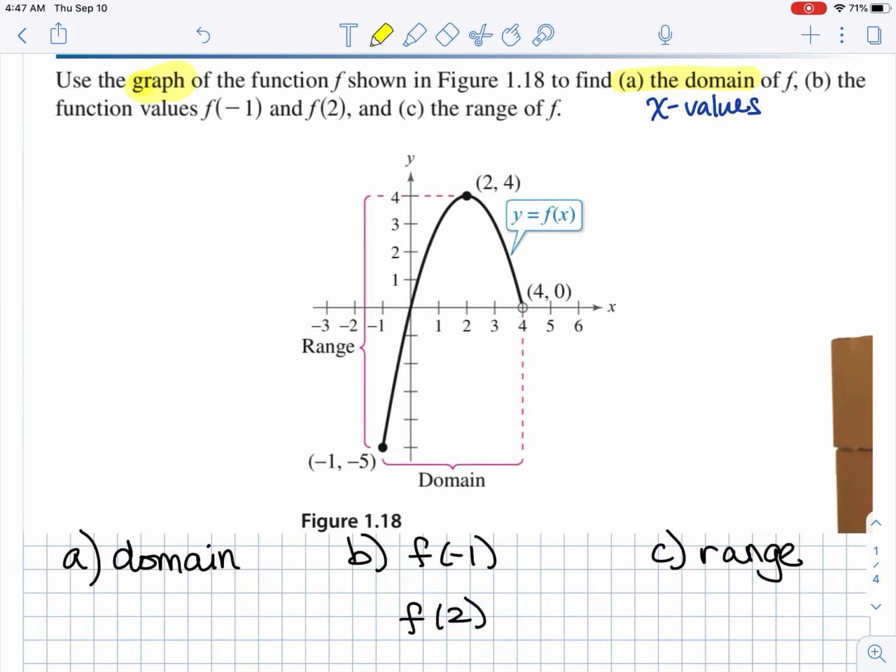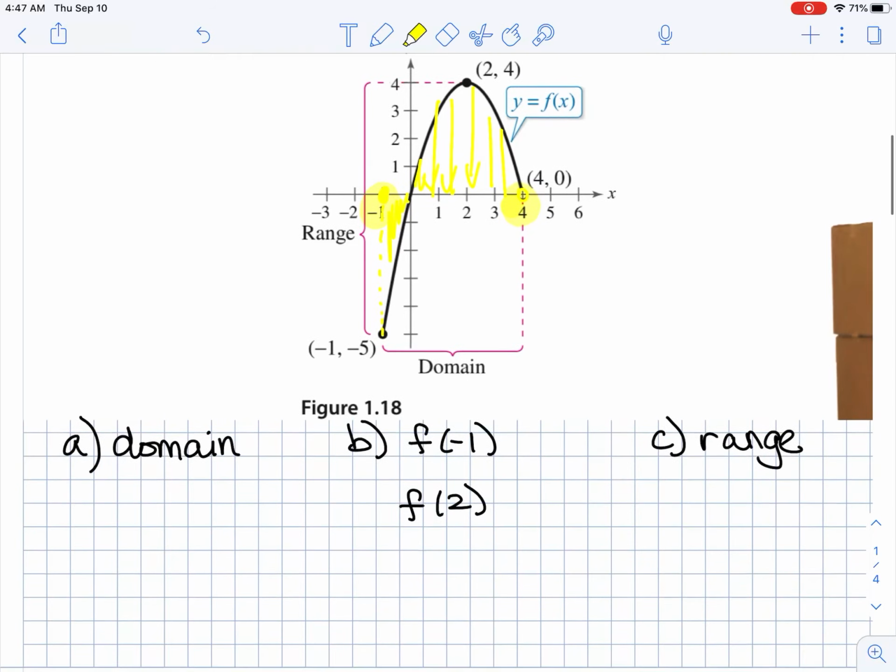So we're looking here and saying, okay, it starts here, so we're going to bring it up. It starts here on the -1 value, and it keeps going until we get to this open value on 4. So basically, it starts at -1 and ends at 4, but doesn't include 4. So how do we say that?